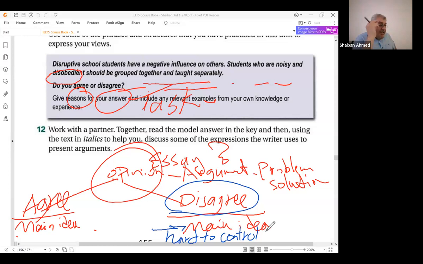Yes. What would happen? Come on, develop it, hard to control. So this means if teachers select these troublemakers and put them in one place, this would make the issue what? More difficult. They would maybe work together, and then they would make things even worse.